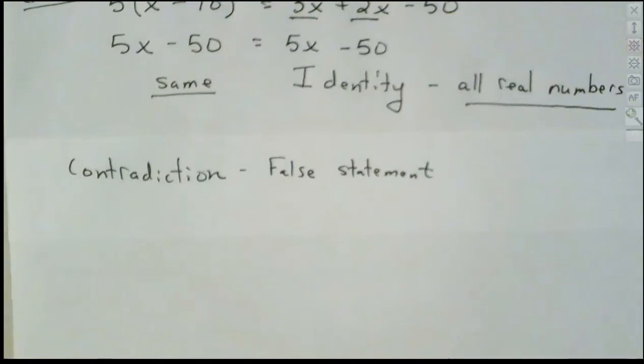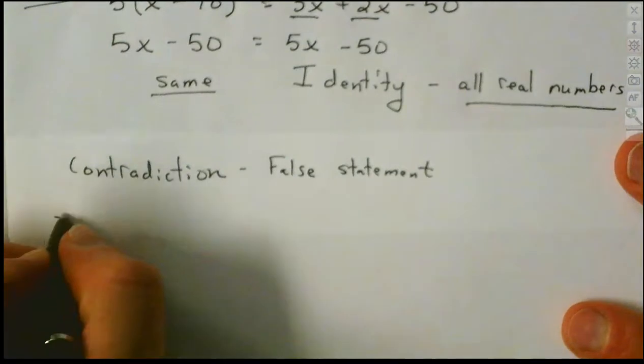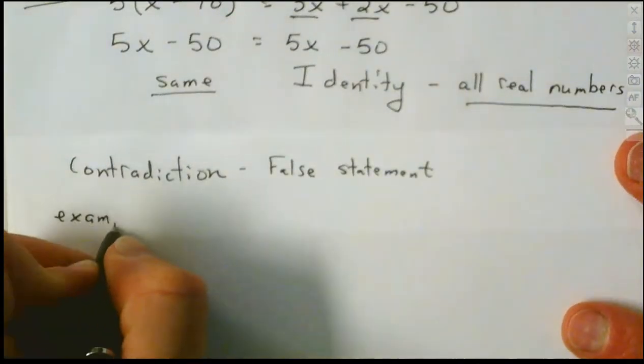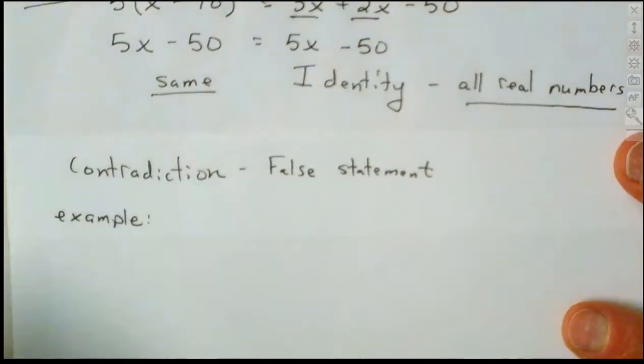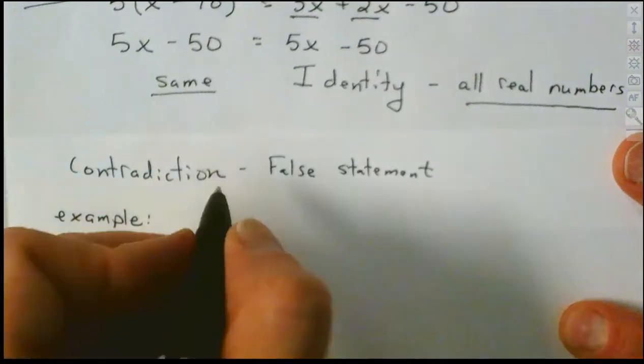In mathematics, it's done the same way. You end up with something that doesn't work. And for a contradiction, the variables are going to go away, but you're going to be left with something that doesn't work. That's not true. So let's look at one of these.